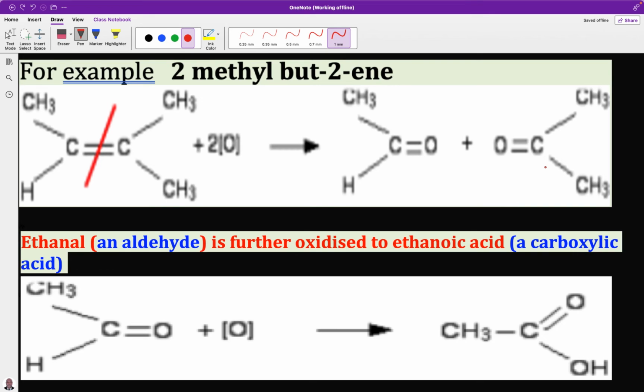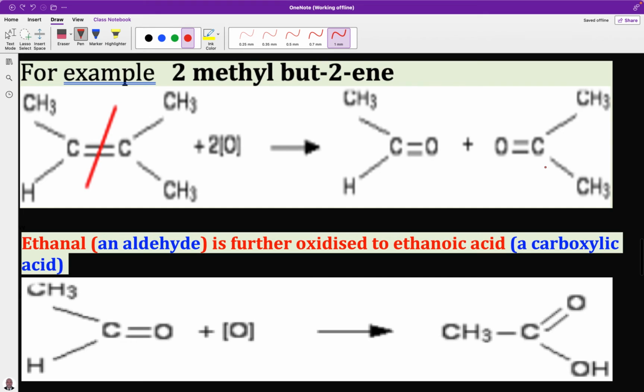Now we go to the last condition. The last condition will be if there are two hydrogens at one end of the bond.